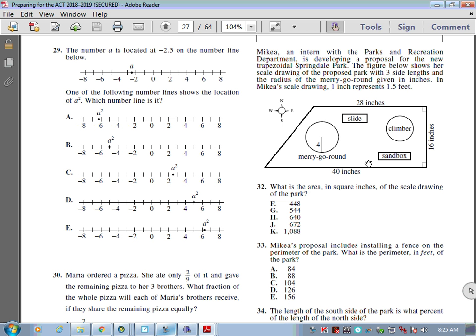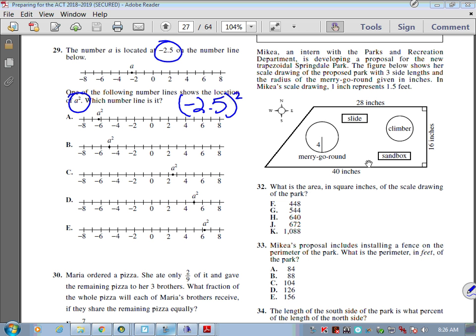A number is located at negative 2.5 on a number line below. One of the following number lines shows the location of A squared. Which number line is it? So, what you want to look at is A squared, where A is negative 2.5. So what I'm doing is I'm taking negative 2.5 and squaring it, right?